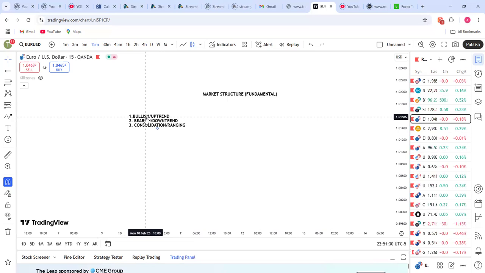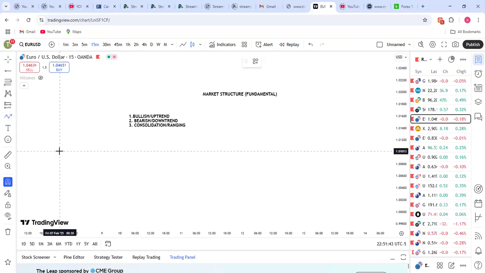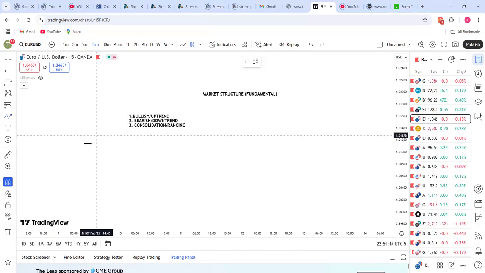So how do we know if a market is bullish, if the market is bearish, or if the market is consolidating? For us to understand it, we need to look at the movement of the market.